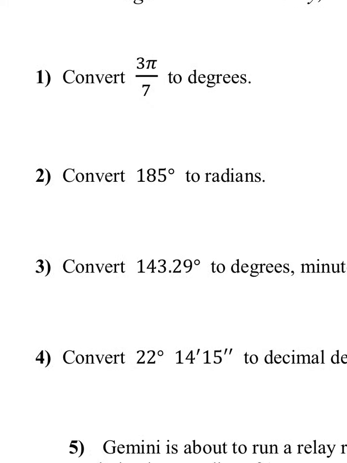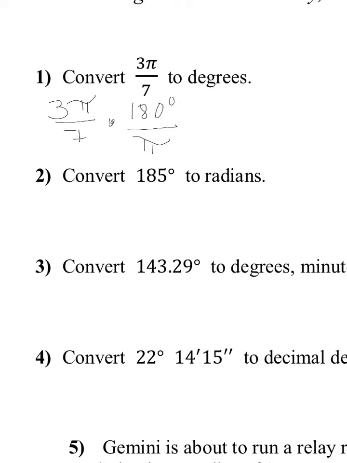And it asks us to convert this 3 pi over 7 radian angle measure to degrees. So the way we do that is we take our radian and we multiply it times 180 degrees over pi.